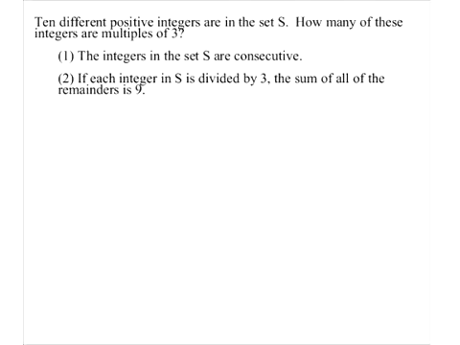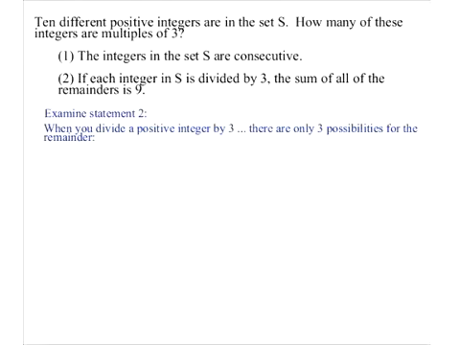Let's take a look. When you divide a positive integer by 3, there are only 3 possibilities for the remainder.